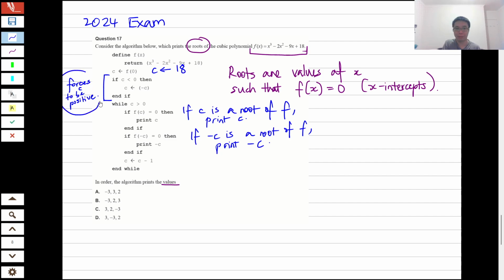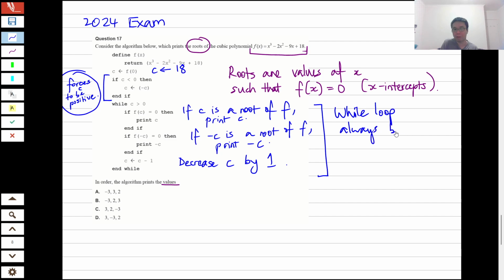Now, remember, we always start with a positive value. So when we execute this line, c equals c minus 1, we're always going to be starting this while loop with a positive value for c.